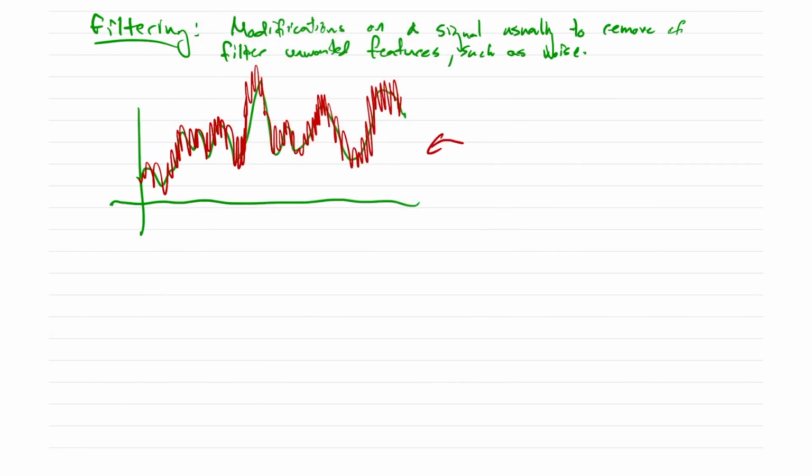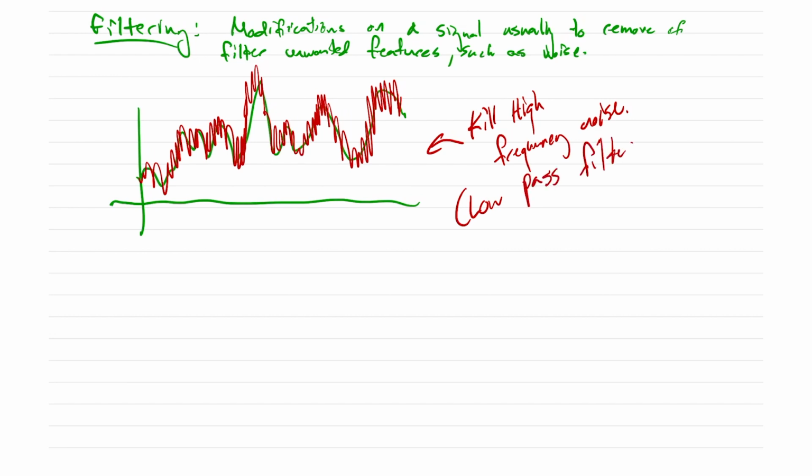So we want to kill high frequency noise. And this leads us to what we call low pass filters. Sometimes we also want to get rid of low frequency content, and then we'd use a high pass filter. So it does depend on the situation.